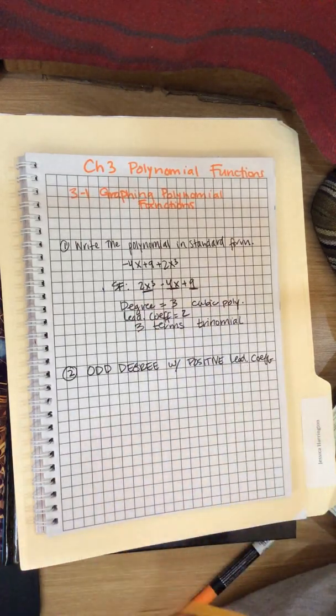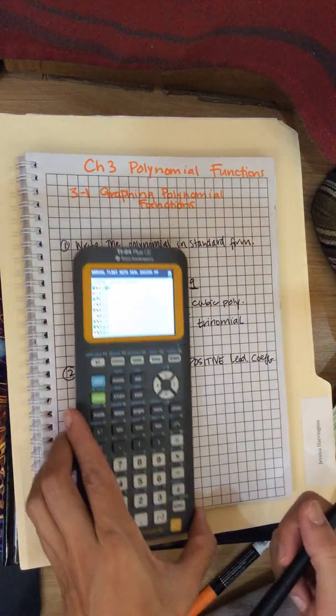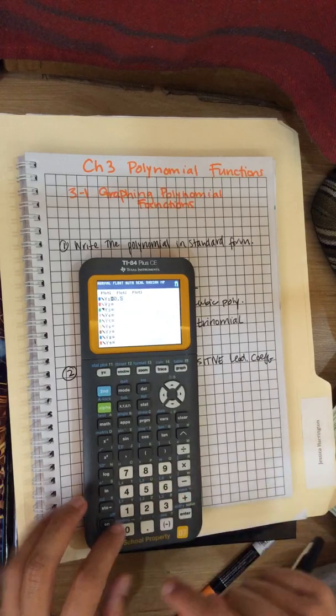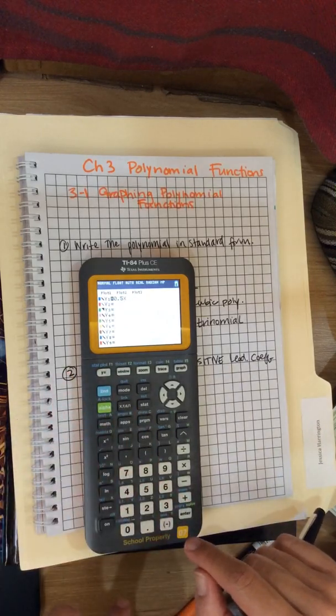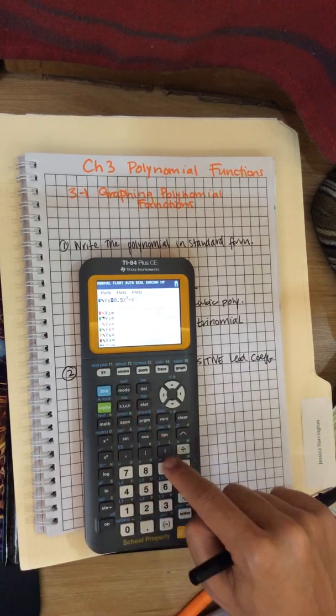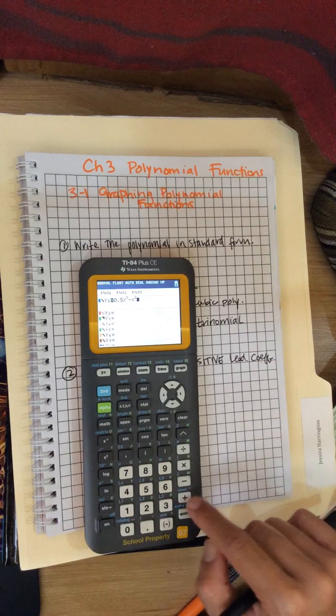So this actually is an example of that, right? So let's do the example from the book. What do they have? I'm going to type in my calculator and we're going to look at the graph. So they have, for their example, 0.5x to the third power minus x squared plus 3.